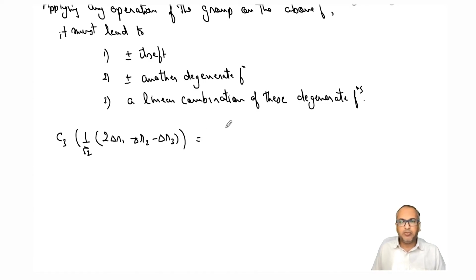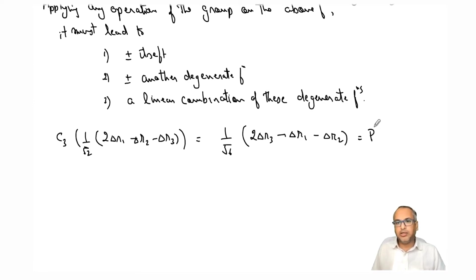If you apply this, what you will get is 2 delta R3, since R1 goes to R3 and R2 goes to R1, minus delta R1 minus delta R2. Let's call this function P. Now we have to test whether P and nu2 E prime, which we got earlier, are orthogonal.